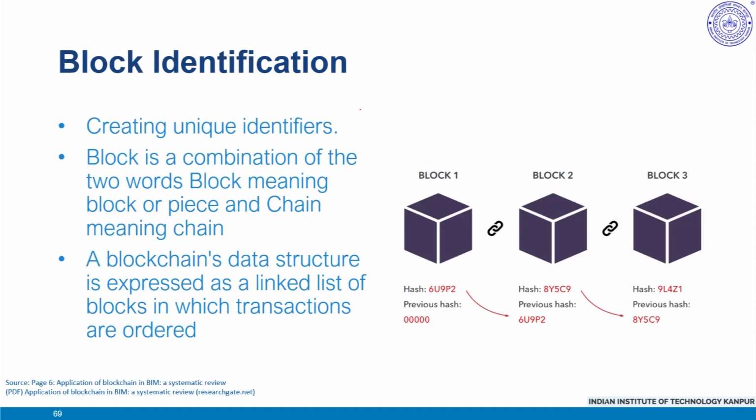Another very important application of hash functions is in identifying blocks, creating a sort of unique identifier, because these blocks are linked through hash chains. The subsequent blocks are linked through hash chains. So these hash functions can also be used as unique identifiers. The word blockchain is a combination of two words: block and chain.